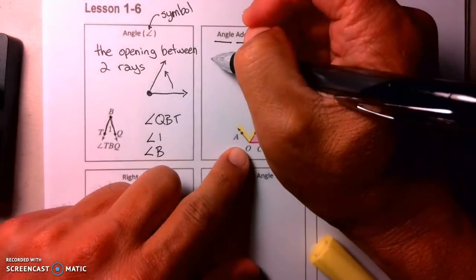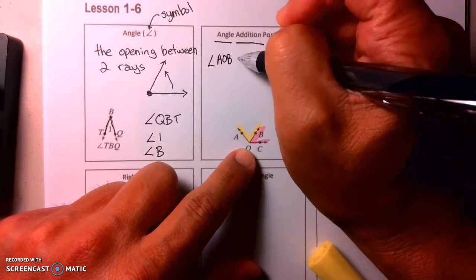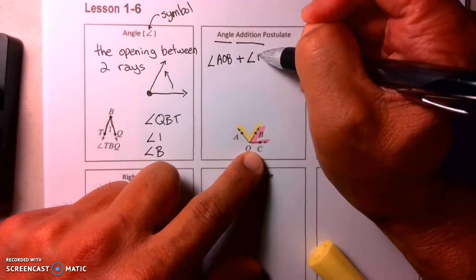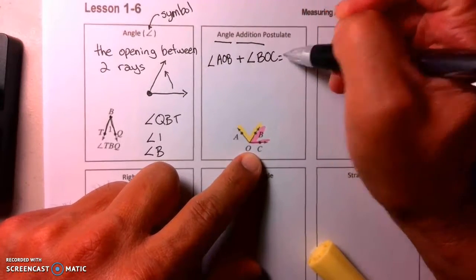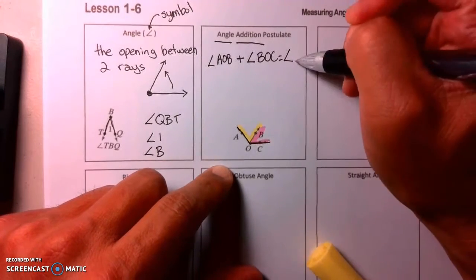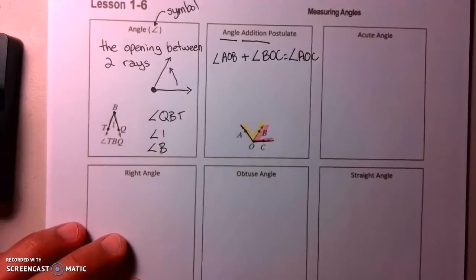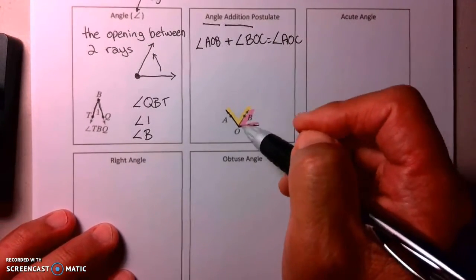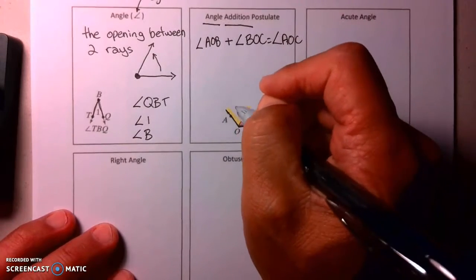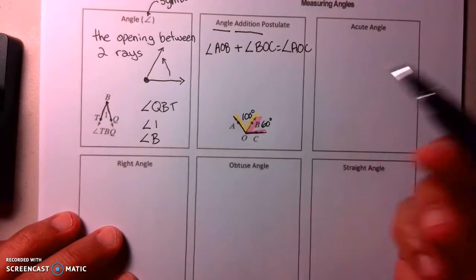So angle addition means angle AOB, the yellow angle, plus angle BOC, the pink angle, is equal to the entire angle, which is A to O to C, AOC. Okay, these angles have an opening measurement, so this might be 60 degrees, this might be 100 degrees, and then if I ask you what are they combined, you just go 100 plus 60.